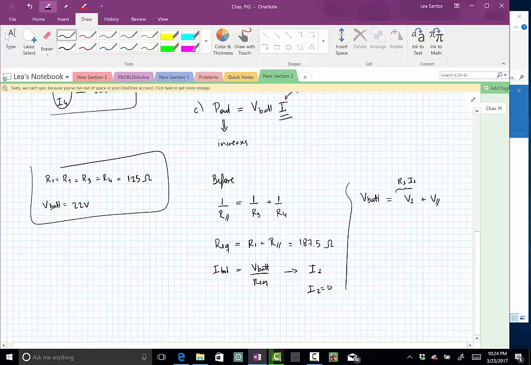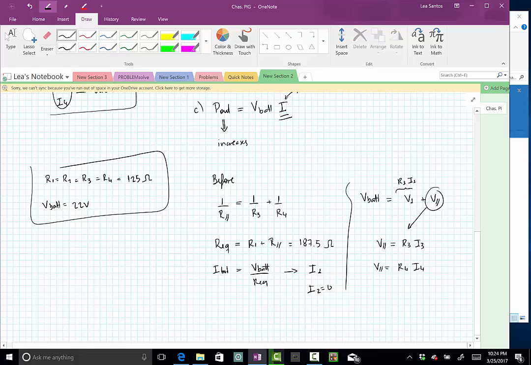Once we have this potential difference for the parallel circuit, then we can find the current going through resistance 3 and resistance 4. How do we find that? Using this expression. This potential difference is R3 I3. This potential difference is R4 I4.